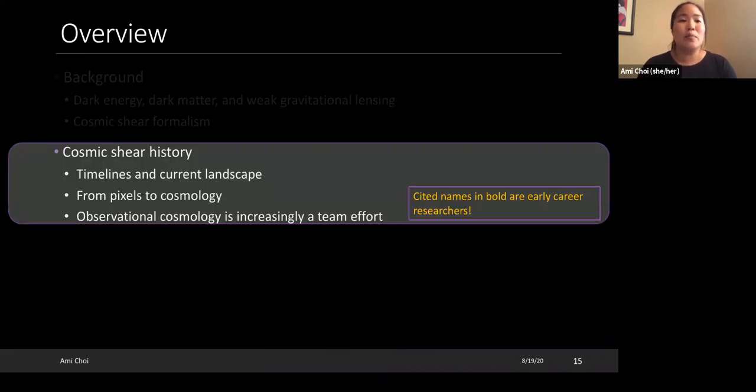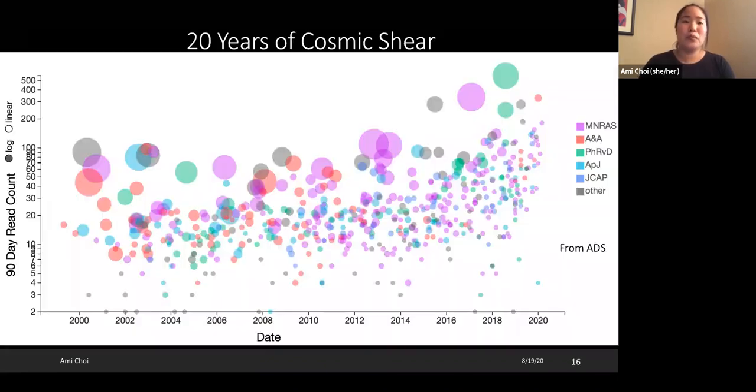I'll move on to some cosmic shear history, and also want to note here that if I am citing people and you see their names in bold, this means that they are early career researchers. You can do a search on the astronomical data system. Specifically, I looked at the time period from 1999 to 2020 and required that all the papers be refereed and contain in the abstract the term cosmic shear, just to get a little sense of the timeline.